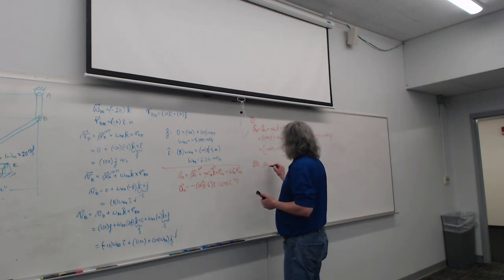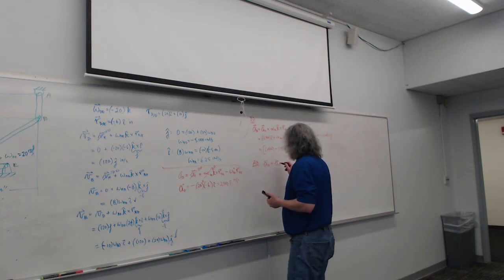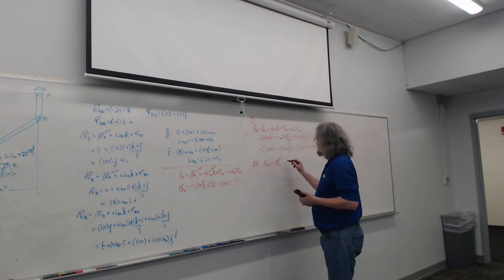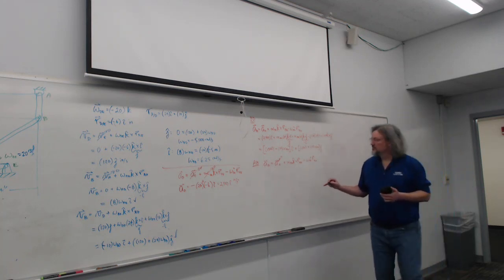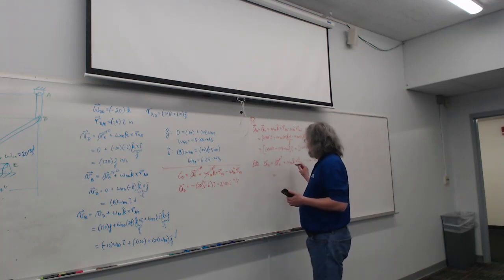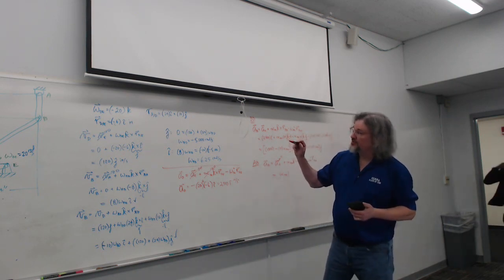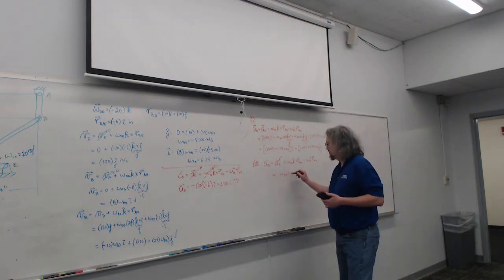And we have the acceleration of B is equal to the acceleration of A, which is 0, plus alpha AB K crossed with R B with respect to A, minus omega AB squared R B with respect to A. So alpha AB times R B with respect to A, that's going to be negative 8 inches, and it's entirely in the J direction.